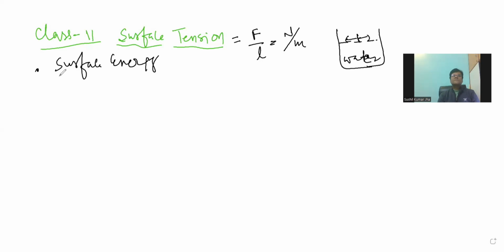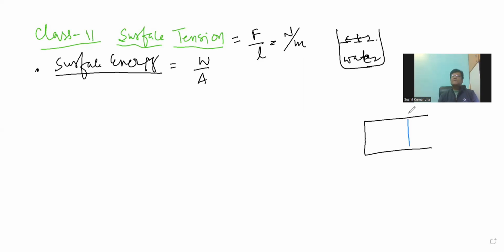When it comes to surface energy, it means work done per unit area of a liquid surface. This we explain with the help of a rectangular frame-like structure. And in the rectangular frame-like structure, we have a movable part.